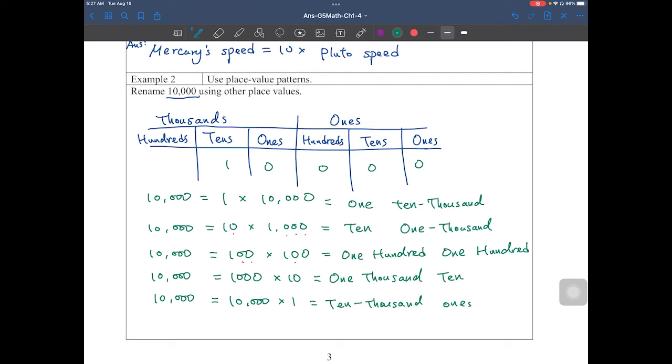So it becomes the unit, and the unit means the place value and the number. In each place value, I am counting it on.